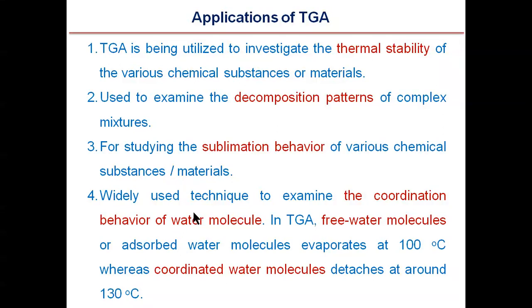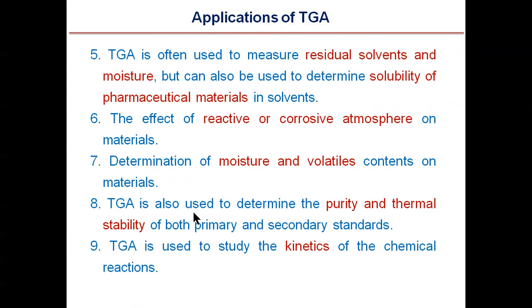The fourth application is very important in research. People are still using it in research. The fifth one is that TGA is often used to measure residual solvents and moisture. This is important because residues like moisture and residual solvents need to be observed in many pharmaceutical industries, but it can also be used to determine the solubility of pharmaceutical materials in solvents.